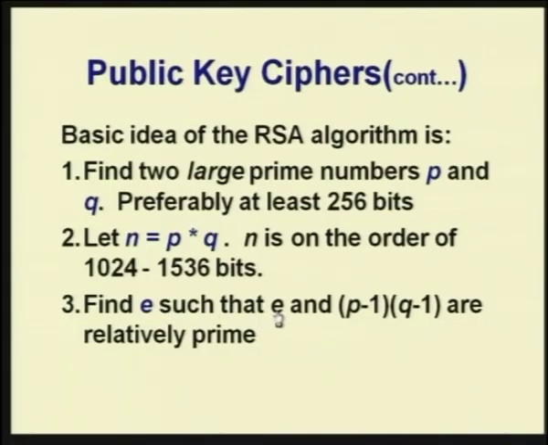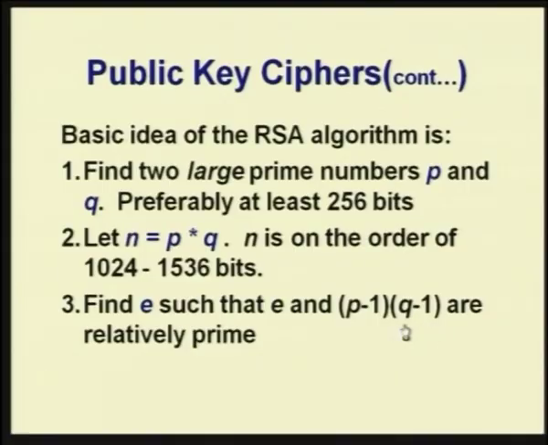Then you find E such that E and (P minus 1) into (Q minus 1) are relatively prime. The product of P minus 1 and Q minus 1 and E have to be relatively prime, and that is your E. This is the third step.